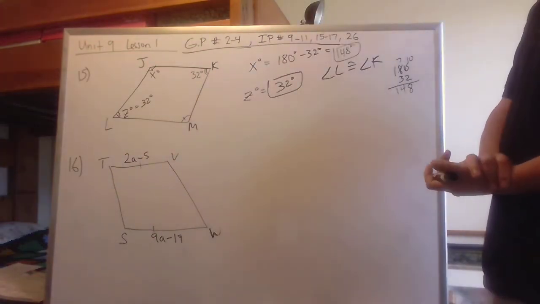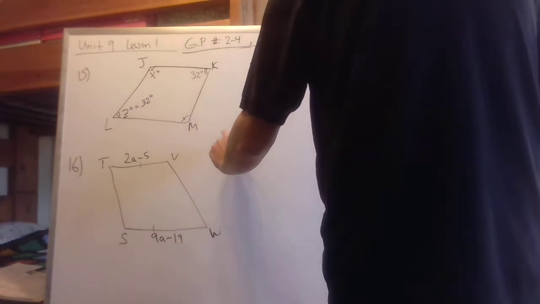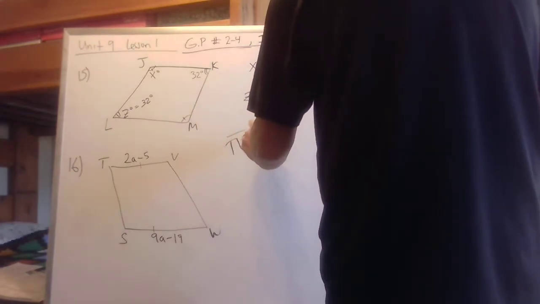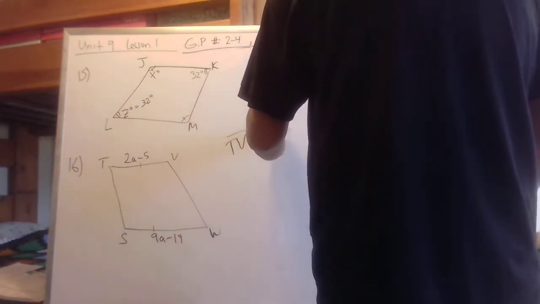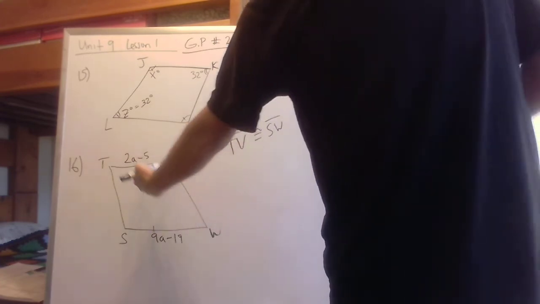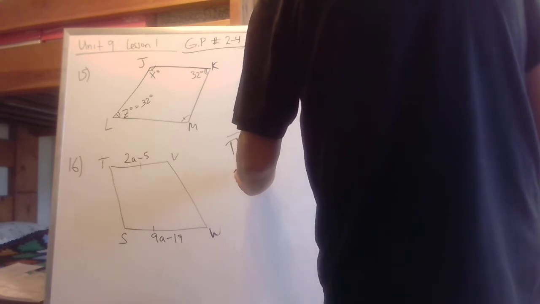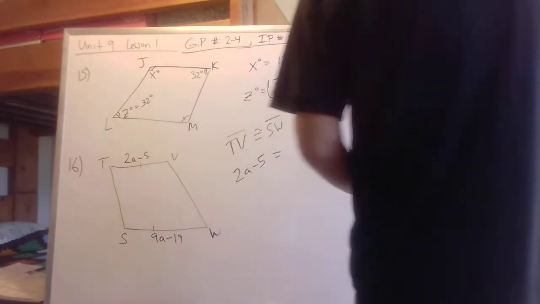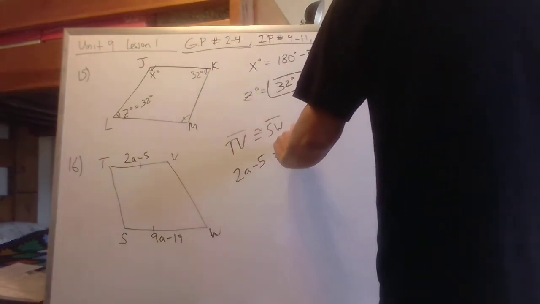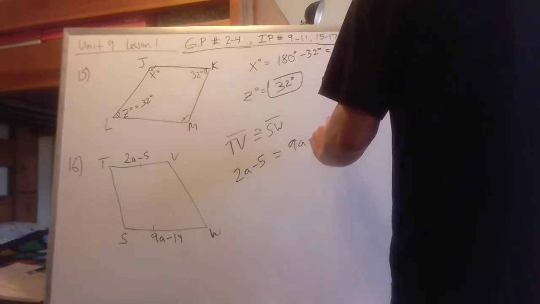So if we're trying to solve for A, that means that side TV is congruent to side SW, and we could set them equal to each other. So TV is equal to 2A minus 5, and we're going to set that equal to 9A minus 19.